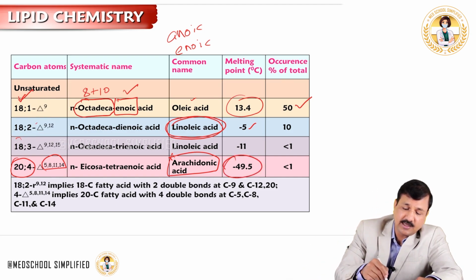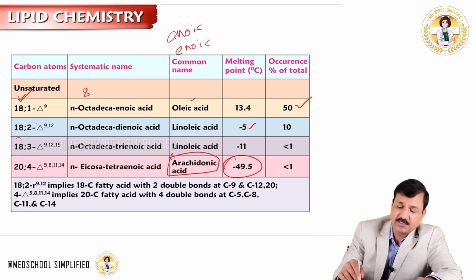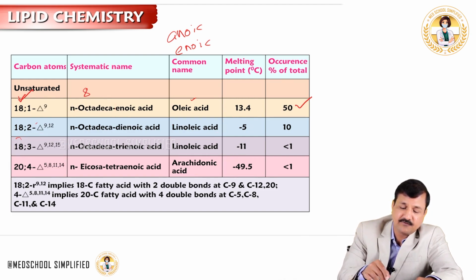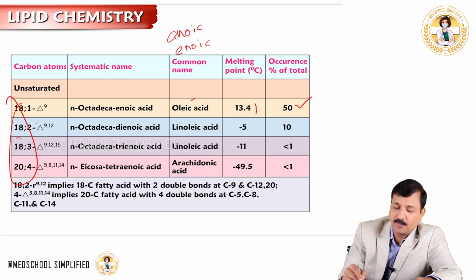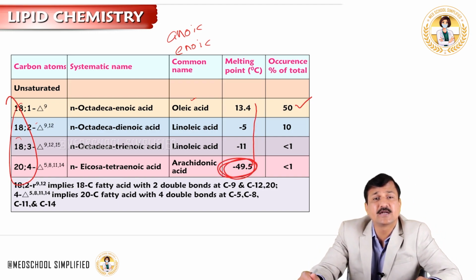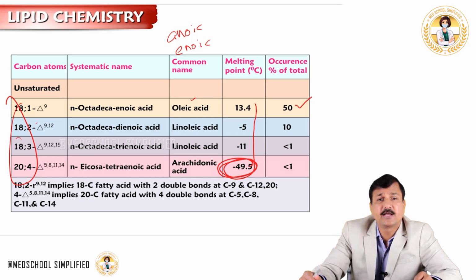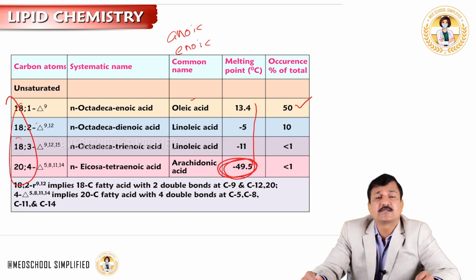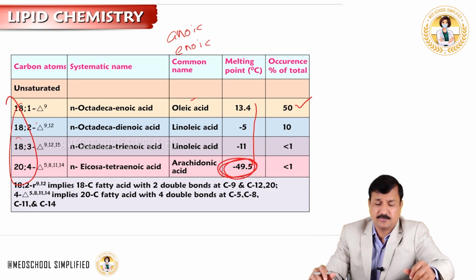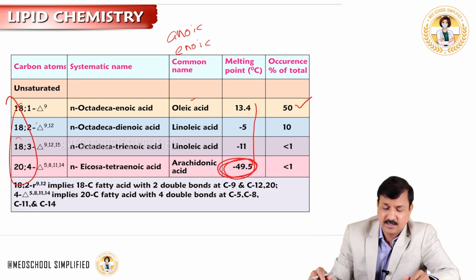So, if you observe carefully, as the number of unsaturation increases, as the number of double bonds increases, going from 18:1 to 24, you look at the melting point is decreasing. That means higher the unsaturation, lower the melting point. That means it needs less temperature to keep the fatty acid soluble or to be present in a liquid condition.